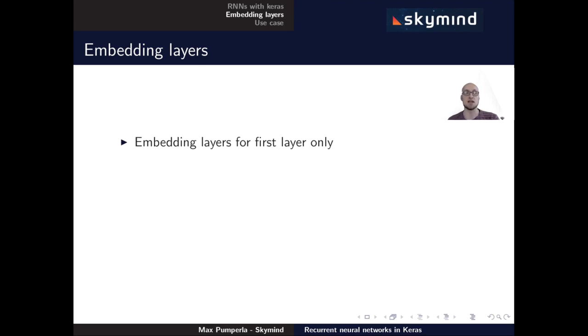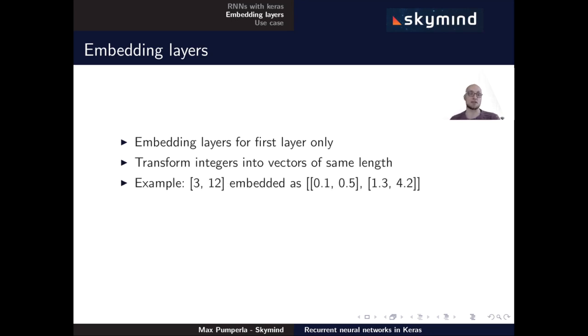Okay. To compute our application, we need to introduce another layer, which is quite useful for many such applications. Embedding layers are used as a very first layer only in Keras. What you use them for is to transform integers into vectors of the same length. To give you one example, here's two numbers, 3 and 12.